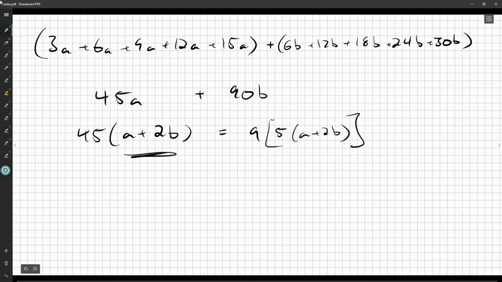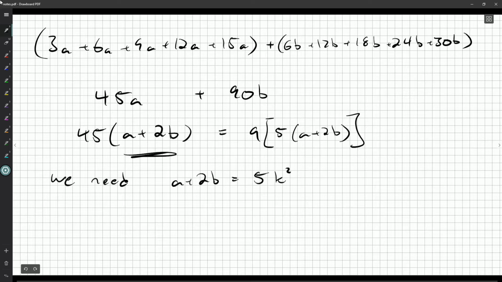So what can we do? Well, we need an extra factor of 5 in here to pair up with this 5. We need 2 factors of 5 to get a perfect square there. So we need A plus 2B to be 5 times a perfect square.